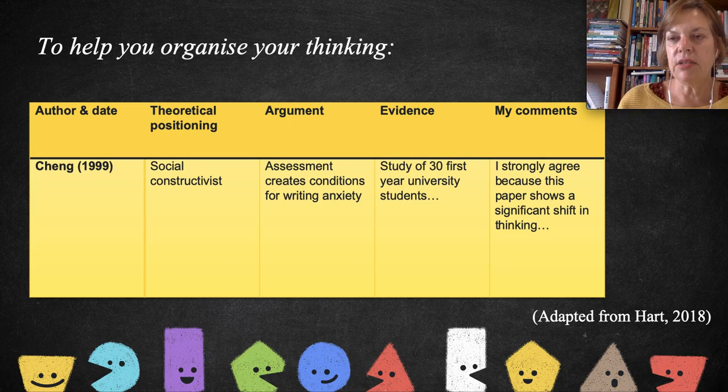If you have this in your notes, then it's much easier to transfer it into writing, and you don't have to do it all at once. So these kinds of tables where you have conversations with yourself before you write your literature review can be incredibly helpful in sorting through your thinking, in helping you to make decisions, in helping you to make sense of these source texts, and in helping you to decide what to take from them into your own writing.